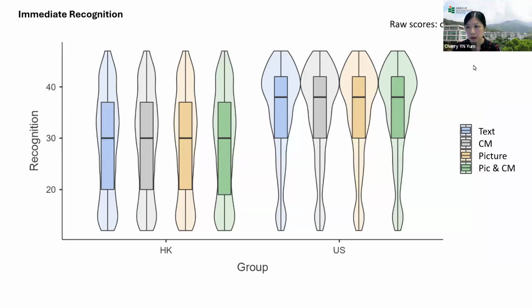And this is the raw data just showing you the difference between the groups and also by conditions. And it should be very obvious that the multimodal presentation conditions had very little visual effect. So we can see that all 4 conditions look like they're on the same line. This is not an error. It really is like that.